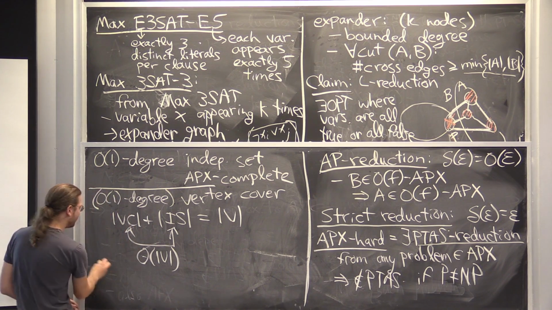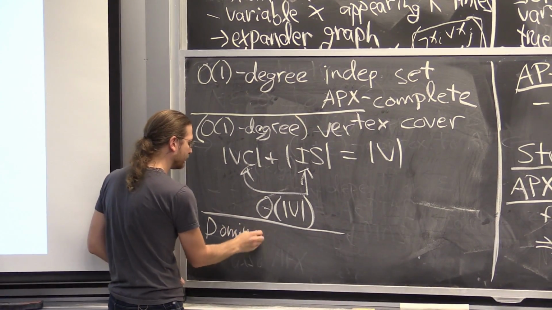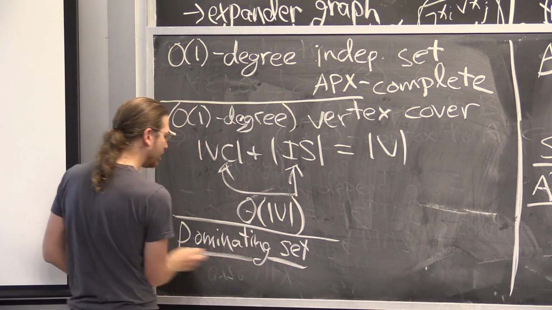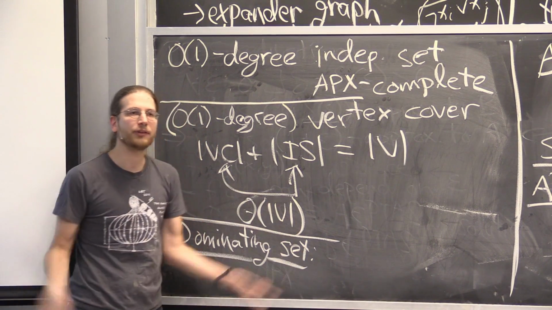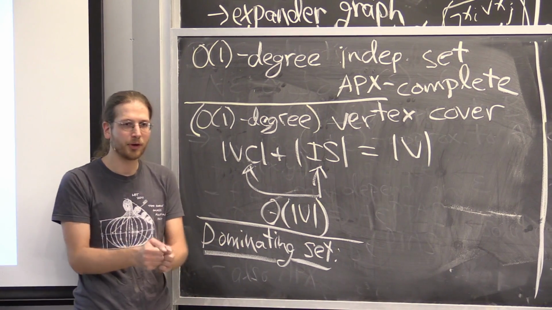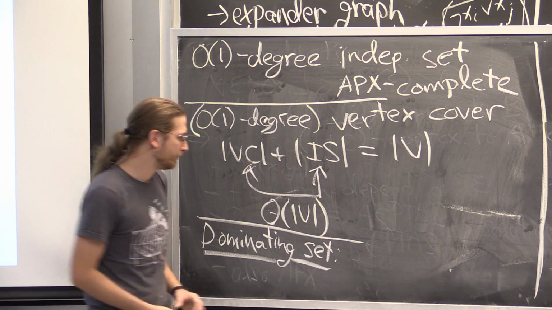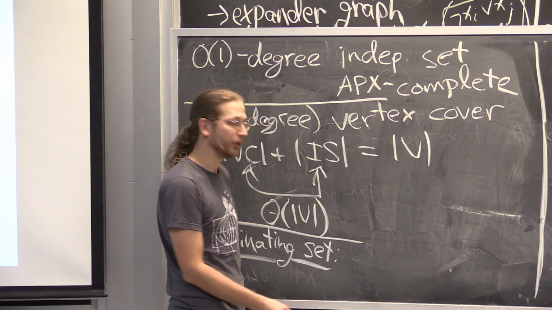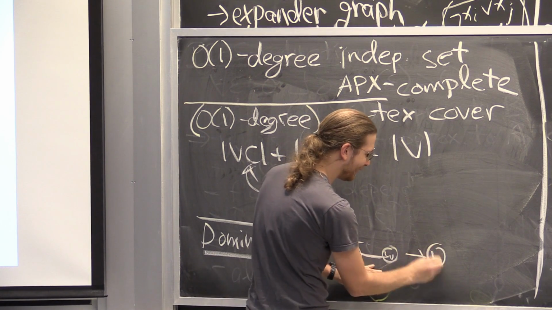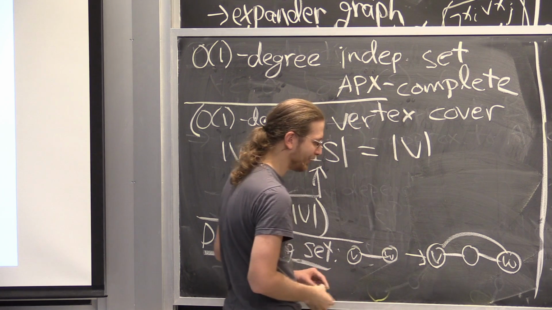Okay, really easy. Dominating set. Remember, with vertex cover, when you put a vertex in your cover, you cover all the edges incident to it, and you want to cover all the edges. With dominating set, when you put a vertex in, you cover all the neighboring vertices, and you want to cover all vertices. So I'm going to reduce from vertex cover. If you have an edge, what you do is convert it into a path of length 2 plus that edge.